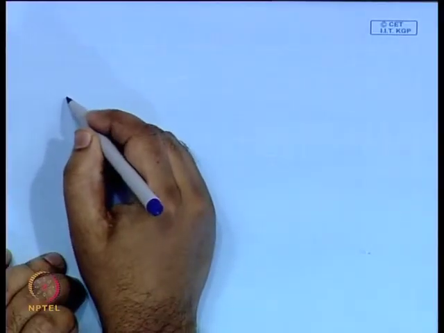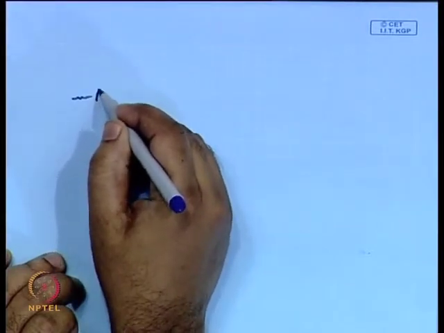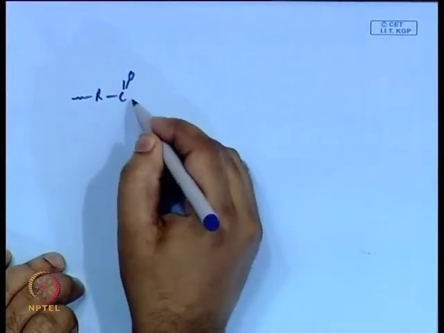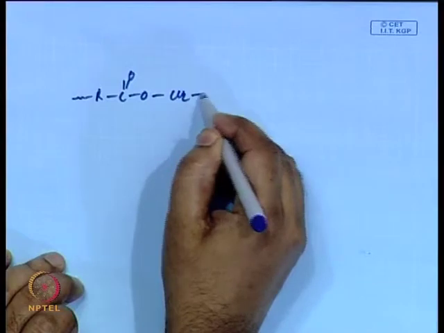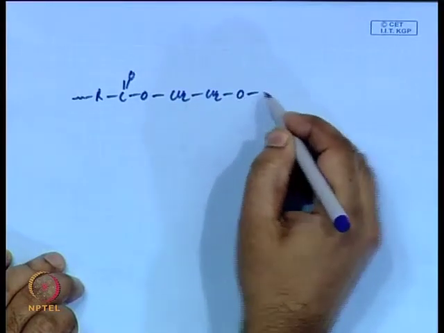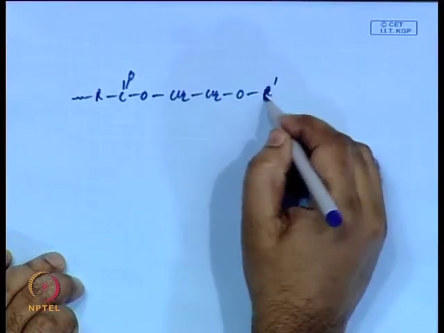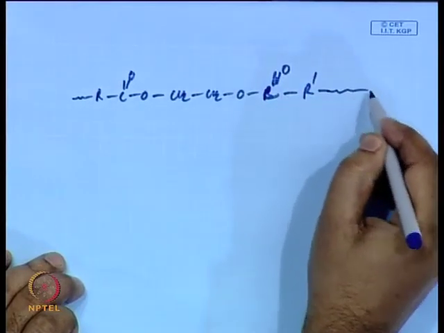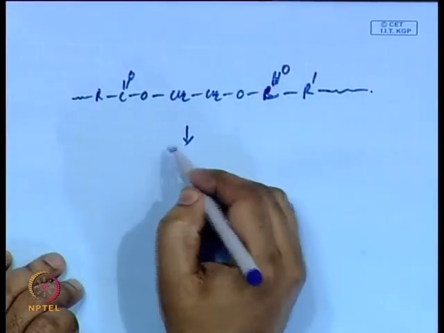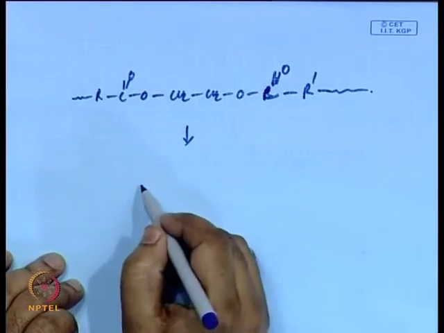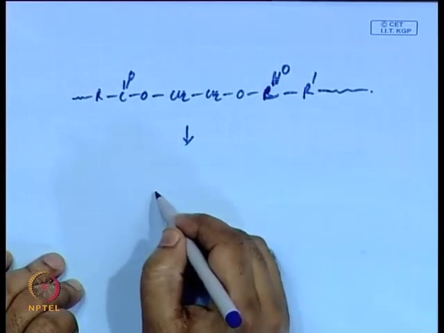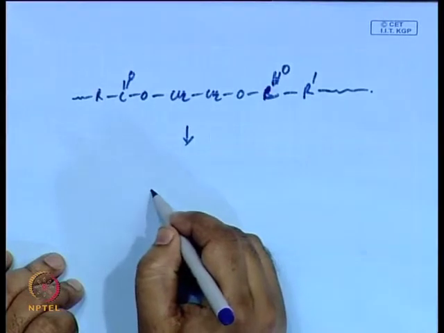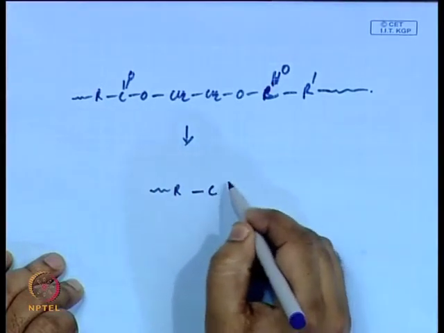For example, during a polyester formation, if you have something like this, there is one very common side reaction that happens by beta elimination.